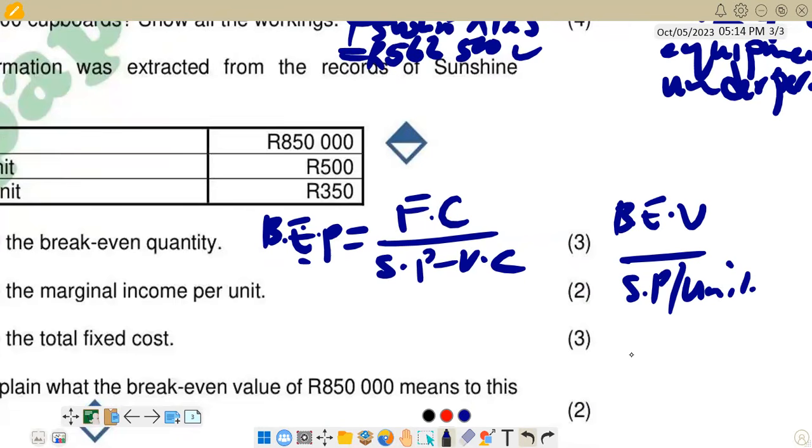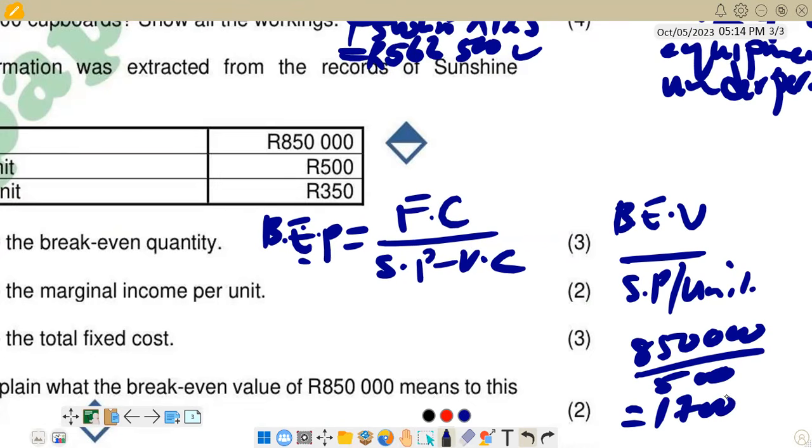So if you look in our question, the break-even value is 850,000 and selling price per unit is 500. So we're going to say 500 into 850,000. You are supposed to get 1,700. So 1,700 is our break-even quantity.